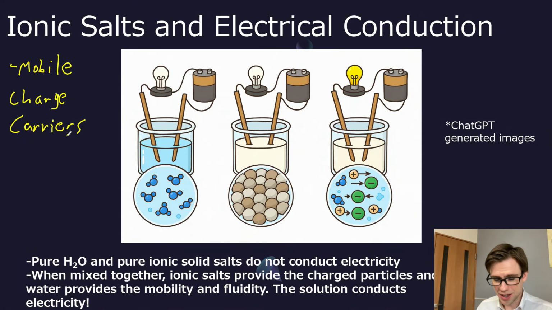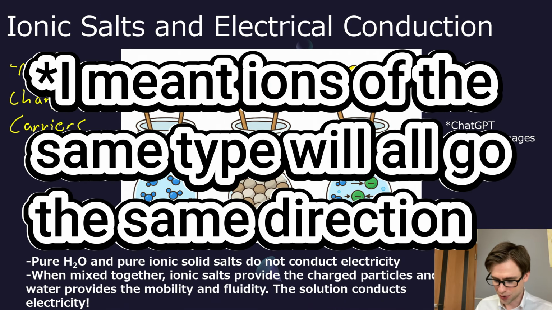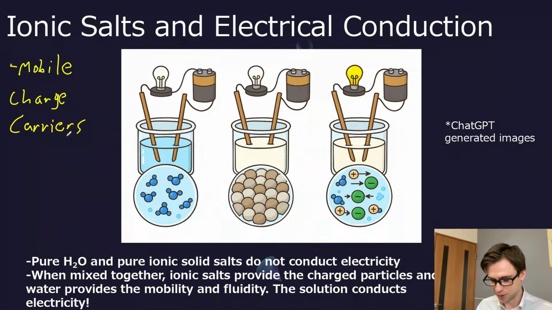But a magical thing happens when we dissolve salt in water. The ions from the salt provide the charge, and the liquid state of water provides the mobility. These ions are no longer locked in place. They can shift left and right or whatever. Generally, they'll both go the same direction, so my picture's a little bit messed up here. We should probably have positive only going right and negative only going left, for example.